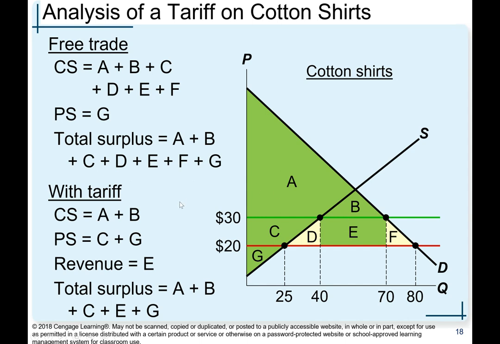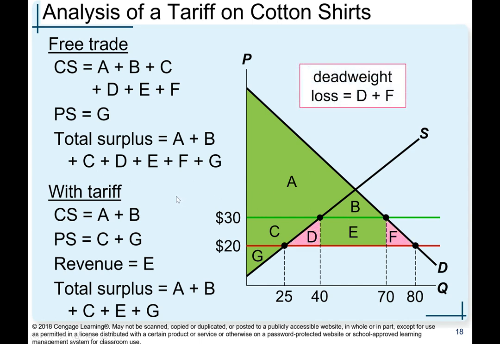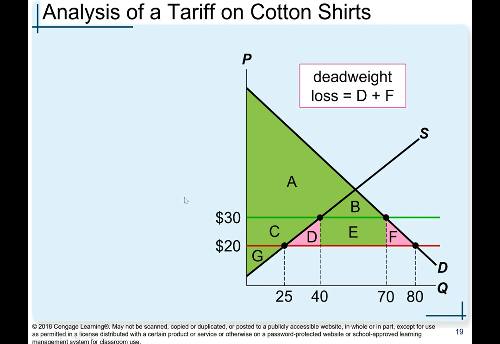So that's total surplus. Well, what happened to these two little triangles here? They are called deadweight loss. They are a loss due to tax distortion. When tax is imposed, tariff is a tax that creates inefficiencies, and there is a loss.